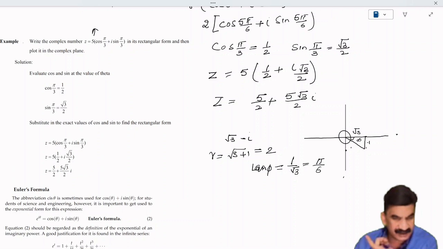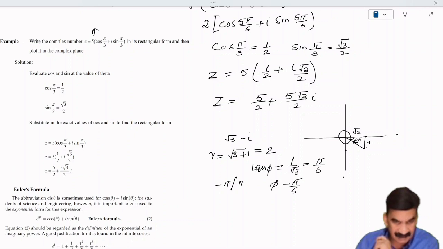But this is not the theta that I was looking at. Either I subtract 360 out of this, but that will exceed my limit. My limit is that the argument has to be between minus pi and pi. So instead, what I'll do is take this angle in the negative connotation. So my argument will be minus pi by 6.